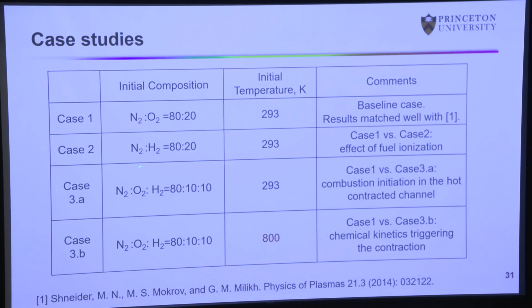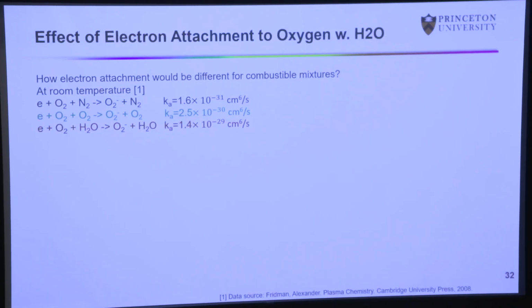Again, we compare these mixtures. Case 1 is just inert, and case 2 is just fuel with nitrogen. In case 3, you have fuel but at lower temperature, and in case 4 you have fuel but at high temperature, and see how that changes the instability again.